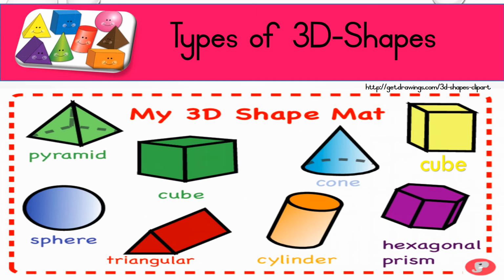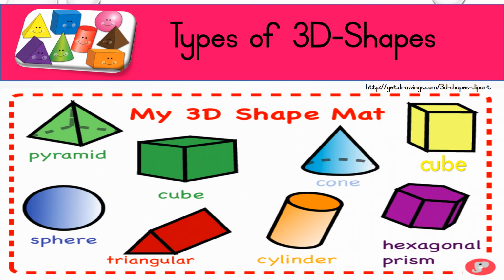A cylinder you see every time you visit the bathroom and you use a piece of toilet paper. A cone. Hopefully you will see a cone when your mommy or daddy gets you an ice cream. And then a cube that's a little smaller. And a hexagonal prism. Good.